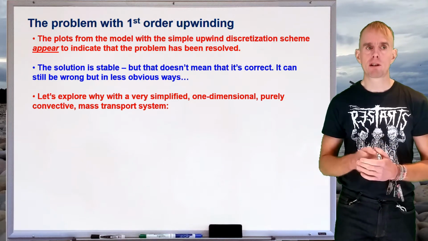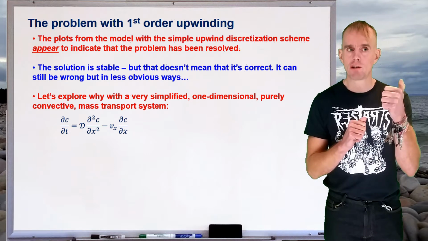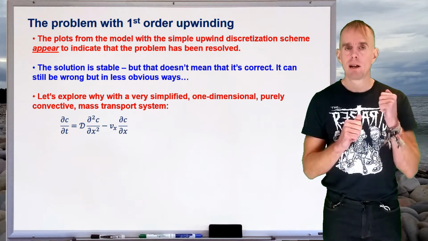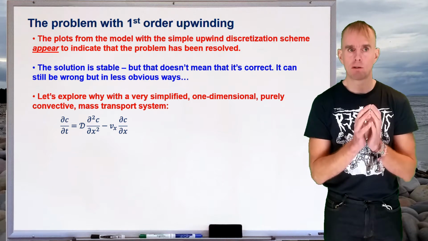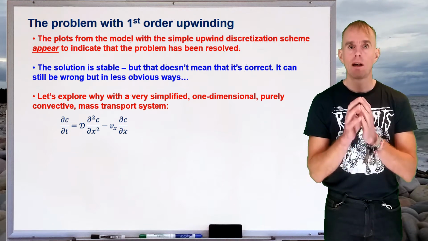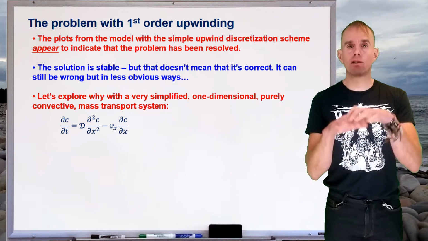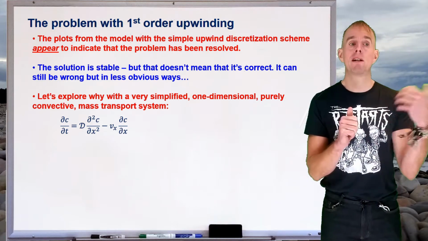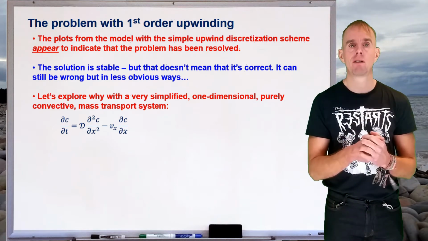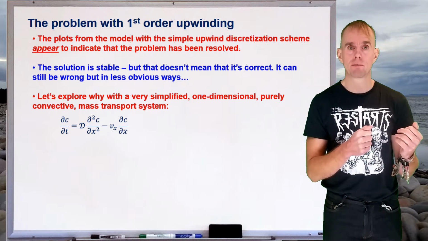So, the partial differential equation that we have is the change of concentration of species with time is going to be equal to diffusion terms, there's my second order derivatives, the diffusion terms, less convection terms. And don't forget that minus sign is there because of the v dot grad c term that would have appeared originally in the total derivative on the left hand side along with that partial concentration derivative.